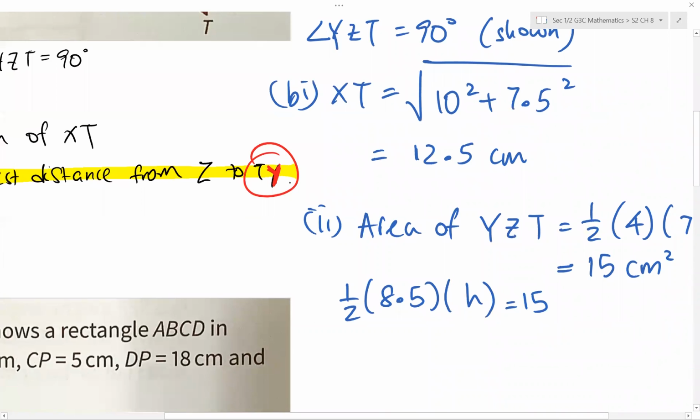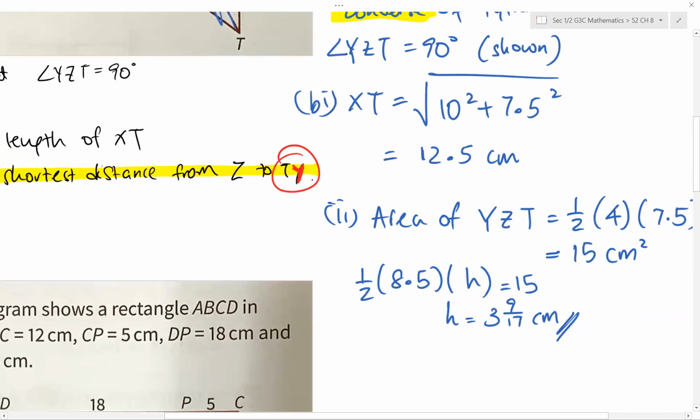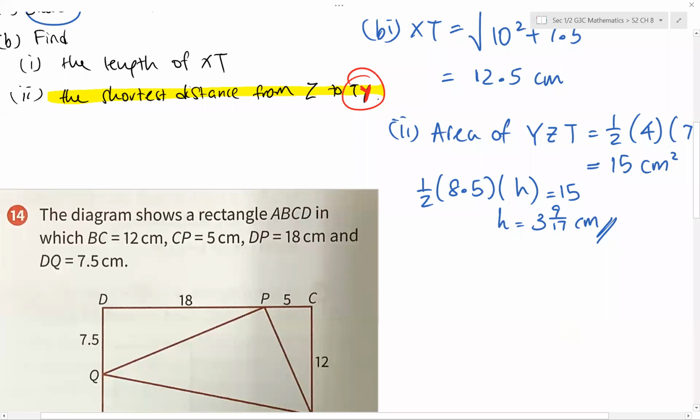Because it is the same triangle, it must have the same area. So times 2, 30, 30 divided by 8.5, we get h equals to 3 and 9 over 17 cm. Very weird number. But that's how it's done.